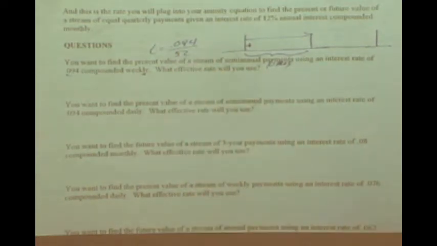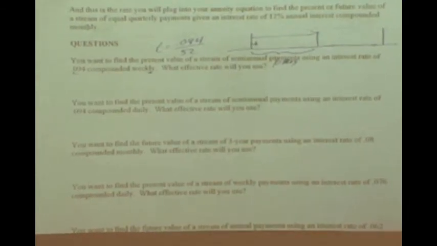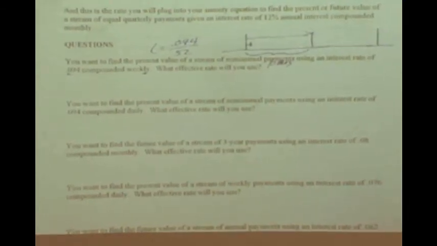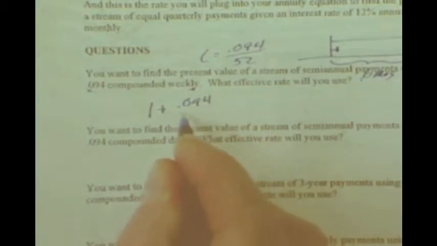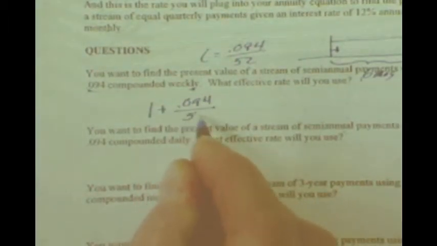And when I look at this, if the stated annual rate's 0.094, I'm going to bet you the interest rate we create is going to be about half of that, 0.047 plus some for compounding, and maybe 0.048 or 0.049. But we're going to do it the same way every time. The formula says take 1 plus the stated annual rate, 0.094, divided by the number of compounded periods in a year.